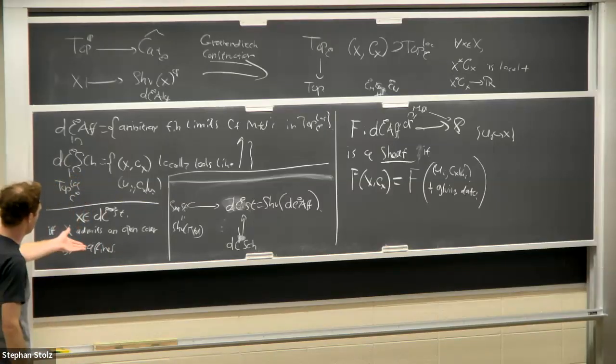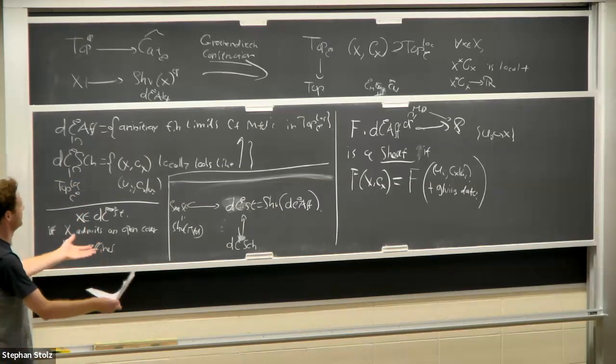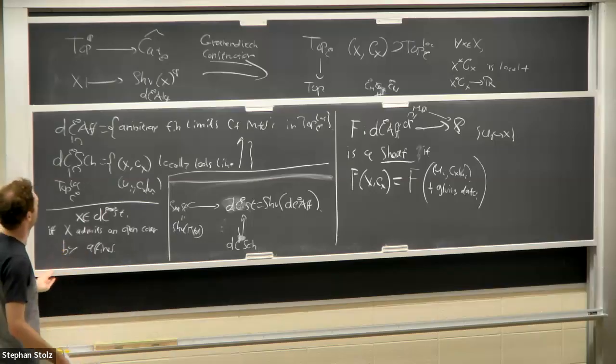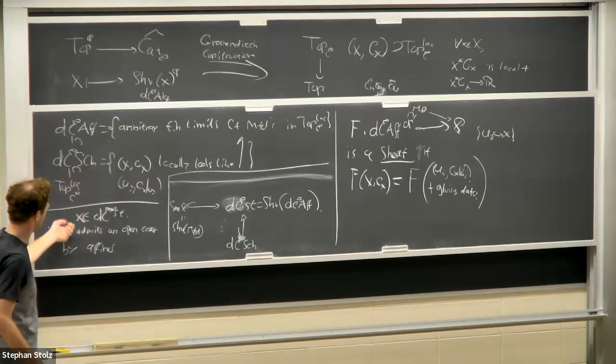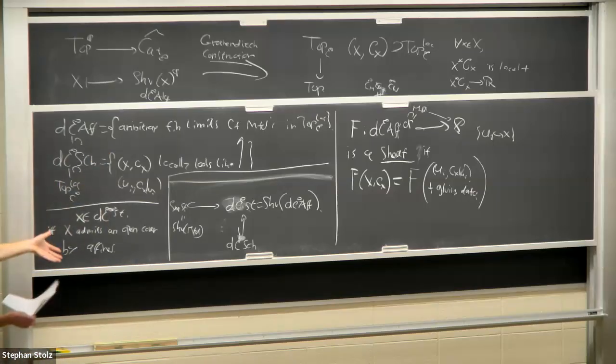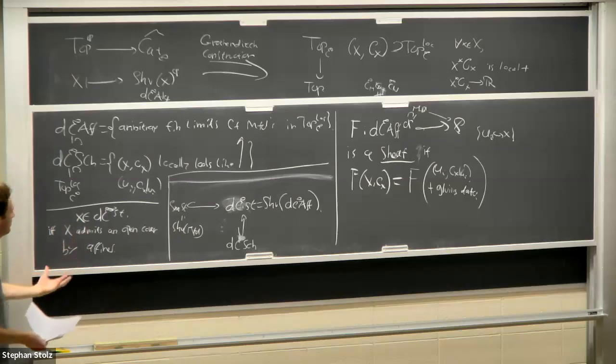Because if you have an open cover by affines, the maps into X give you gluing data, and in this category of derived C-infinity schemes, you can do this gluing, and that will give you back X. This looks a bit stupid and tautological, but this is actually very powerful, as we will see right now.